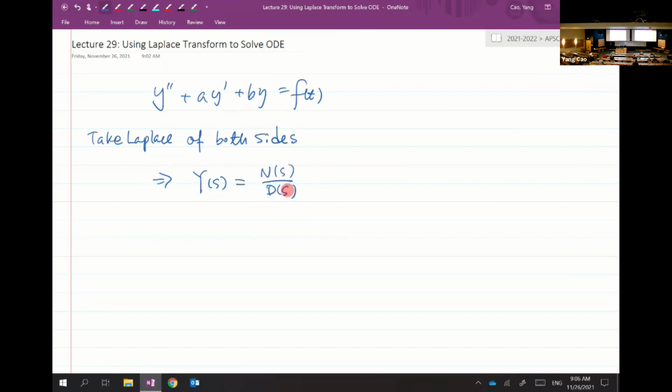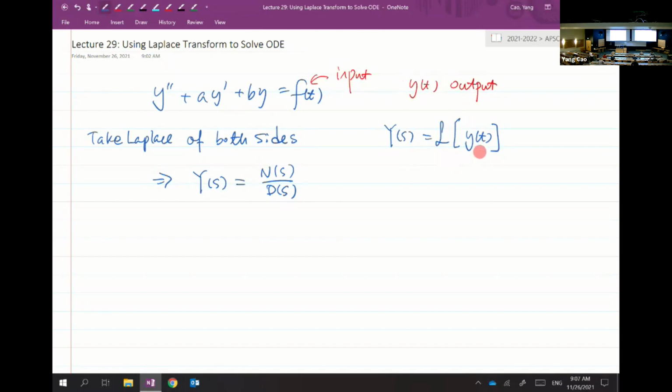Y of s is the Laplace transform of the system output y of t. Just bear in mind, f of t is the input, and y of t is the output. Capital Y of s is the Laplace of y of t.